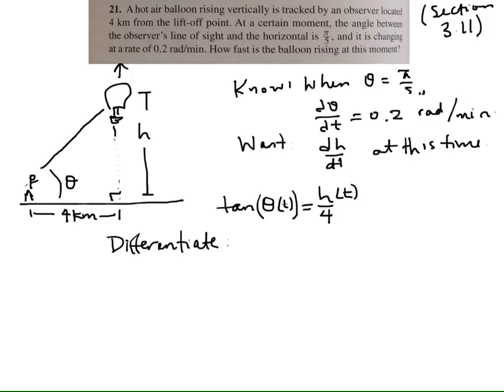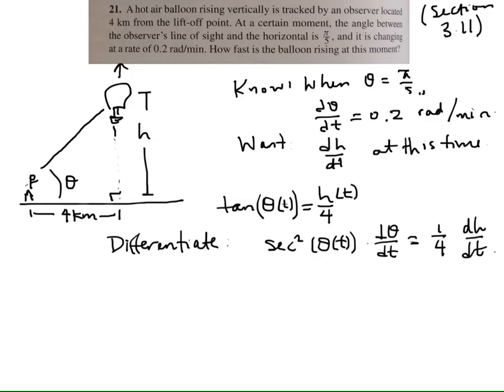So let's differentiate. The derivative of tangent is secant squared. And remember, because we're differentiating with respect to t, we have to differentiate this theta of t inside, and we'll get d theta dt, and that's equal to, well, we can pull out the 1/4, that's a constant, and just have dh dt. Great.